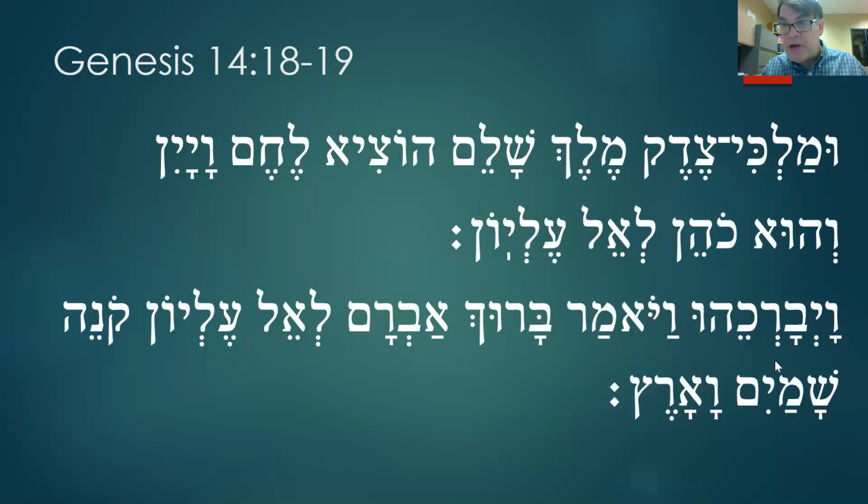But depending on whether this final shva is a silent shva or a vocal shva, it tells us something different about this kamatz. As it turns out, this kamatz is a long A. And so after a long vowel, this shva is going to be a vocal shva. So it's va, ya, va, ra, ke, hu. Okay?